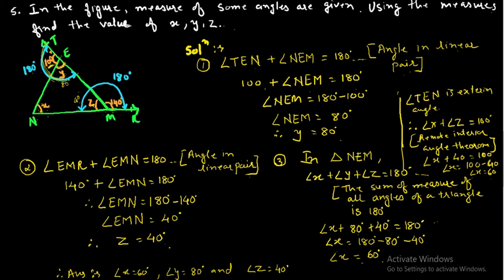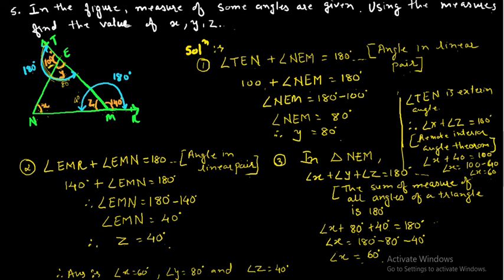Here angle x plus angle z is 100 degrees, the remote interior angles. We know z is 40 degrees. So likewise we also get the value of x, that is 60 degrees.